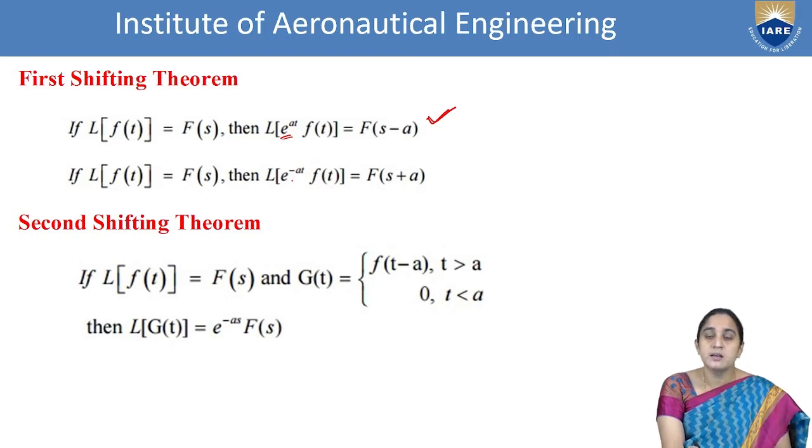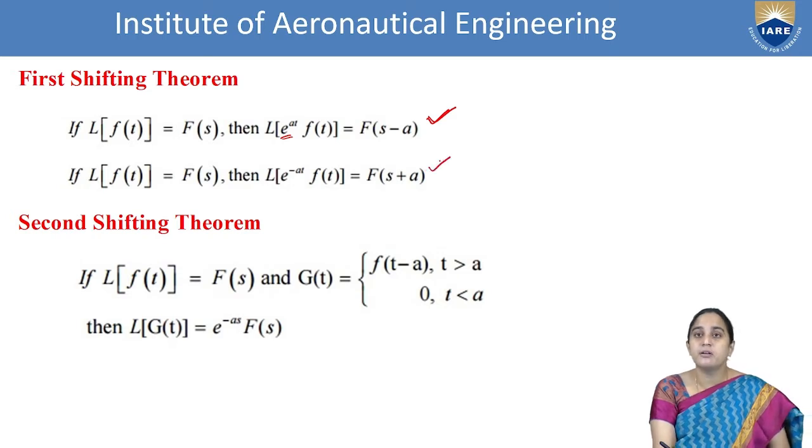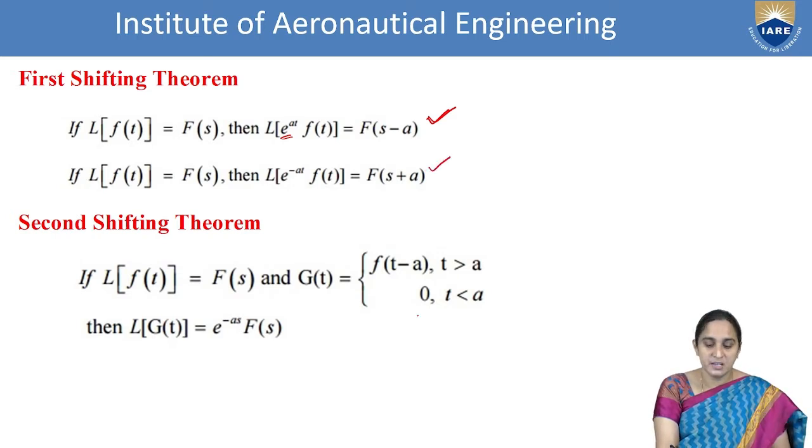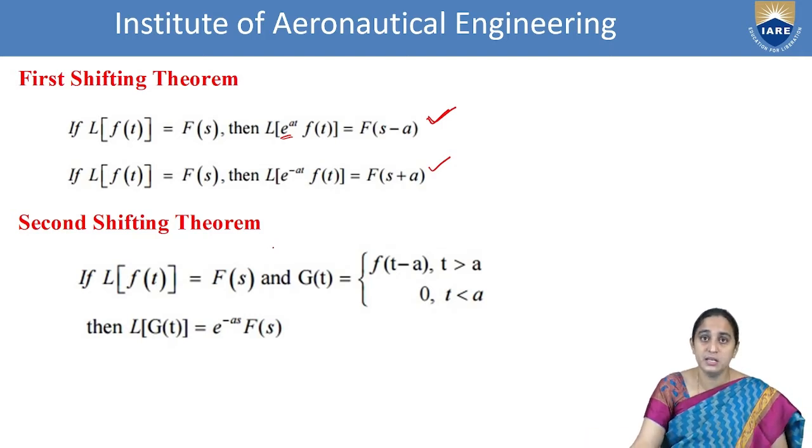For that case, the first shifting theorem property gives F of s plus a. Therefore, Laplace of e power at into f of t is equal to F of s minus a, and the other one, Laplace of e power minus at into f of t is equal to F of s plus a. Those are the two cases for the first shifting theorem.